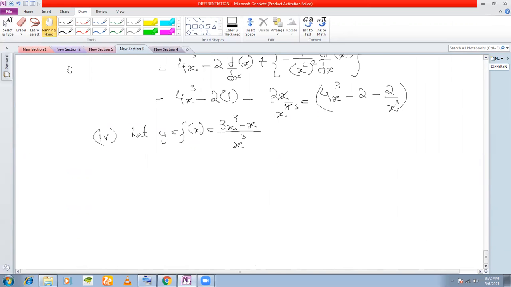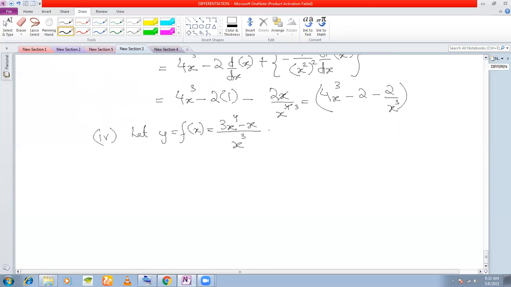Now remember, this is an important example, because when you come across this kind of problem, you'll be tempted to use the u by v rule, isn't it? You'll be tempted to use the u by v rule, right? Now, instead of using the u by v rule, first of all, we can cancel out the common factor between the numerator and the denominator by taking x common.